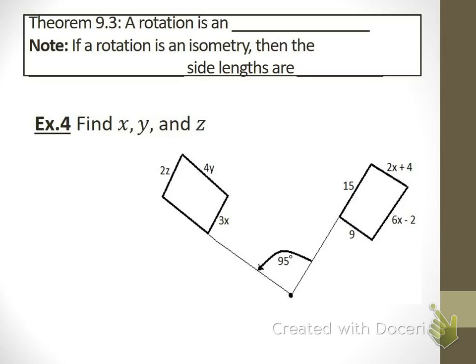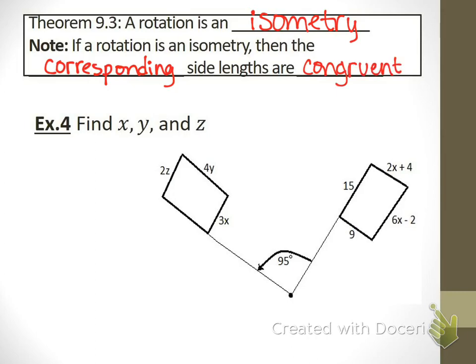We've got a theorem that states that a rotation is an isometry, or a congruence transformation. If a rotation is an isometry, then the corresponding side lengths are congruent. So what that means is that A prime B prime would be congruent to AB.